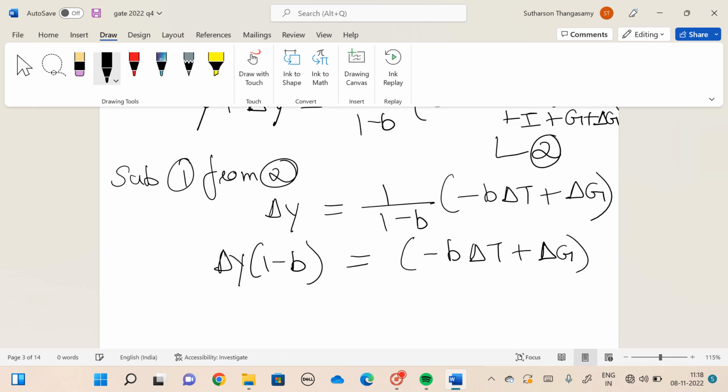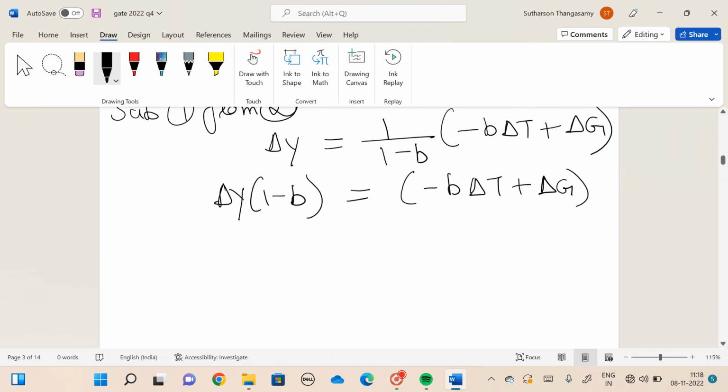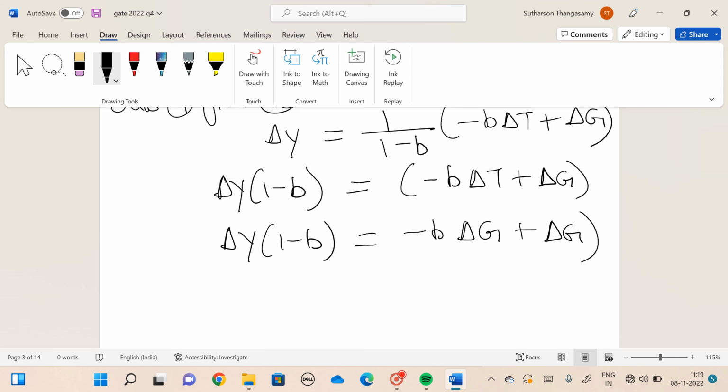In a balanced budget, we have already said that change in t, that is the change in tax revenue, will be equal to change in government expenditure. So by substituting that here, instead of change in t, I'm substituting change in g. It will be change in g plus change in g. So change in y of 1 minus b is equal to change in g common, 1 minus b.